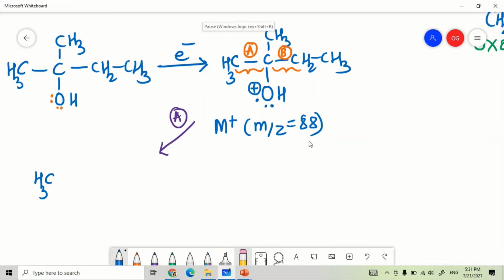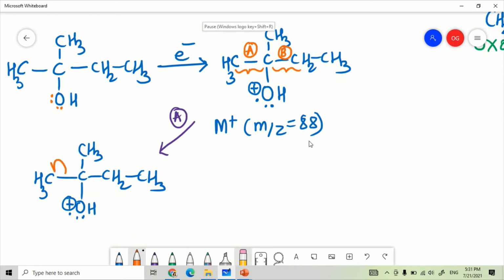I'll rewrite it. CH3CH(CH2CH3)OH+, I don't have to forget this charge. So here the homolytic cleavage is happening.